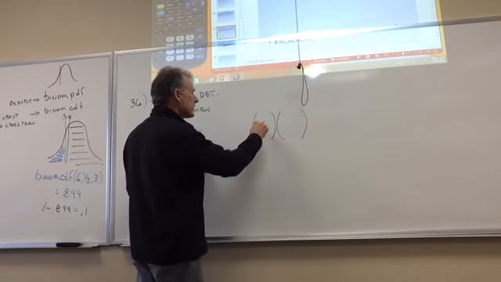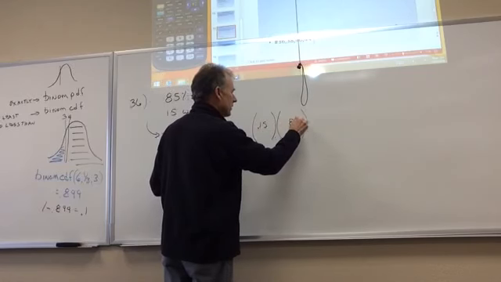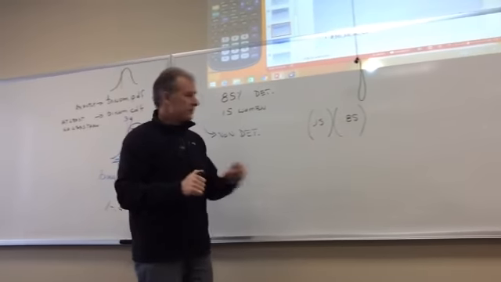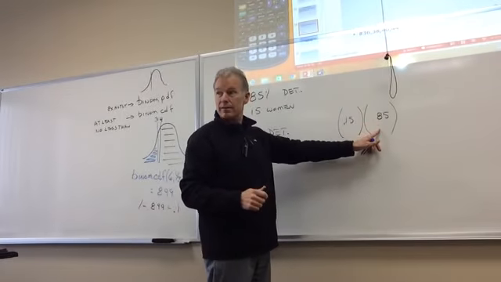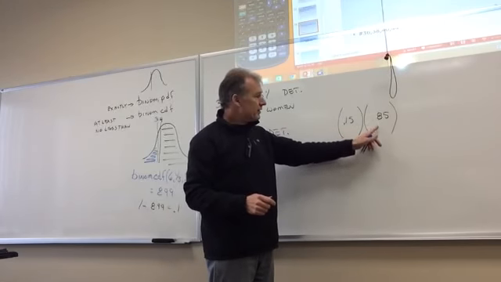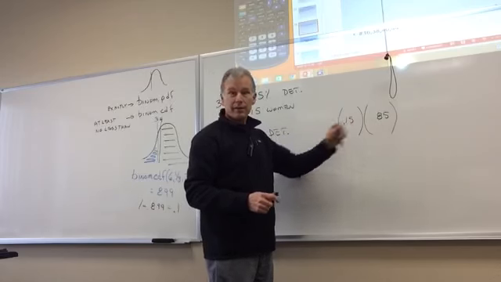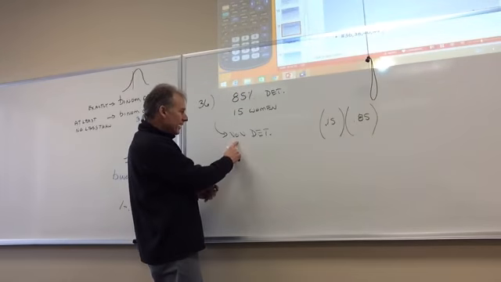The first thing we know is we have 0.15 and 0.85. This is the probability of being detected and the probability of not being detected, and these probabilities will always have to add up to 1. Now we're trying to find not detectable.